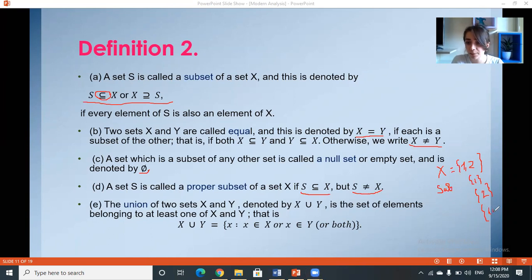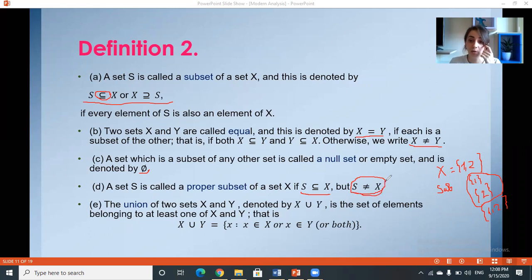These are the subsets of X. But what about proper subsets? Proper subsets are just {1} and {2}, not {1, 2}, okay? This condition is satisfied here.